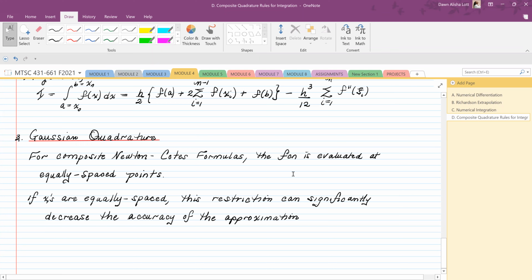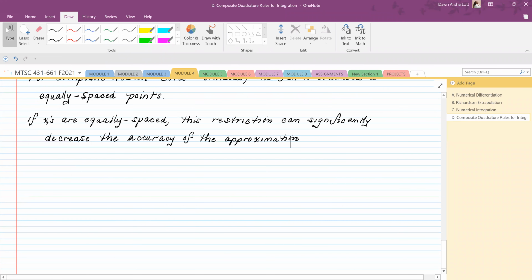Okay. So Gaussian quadrature chooses the points for evaluation. In fact, they've already been chosen.